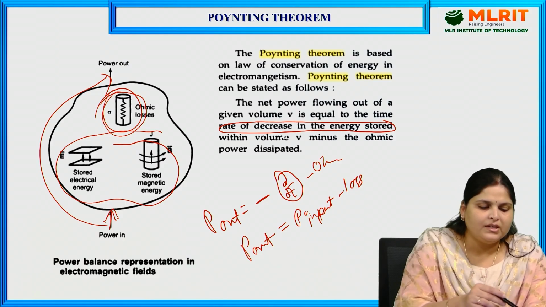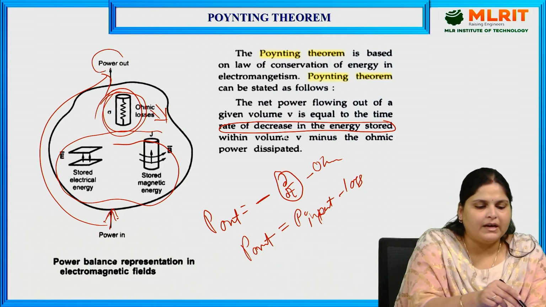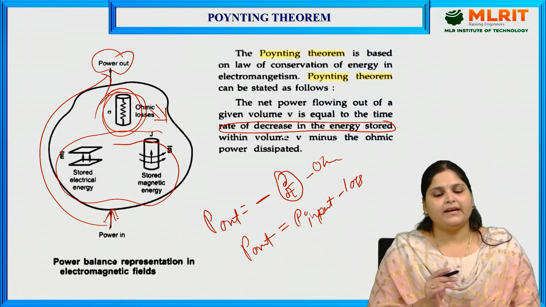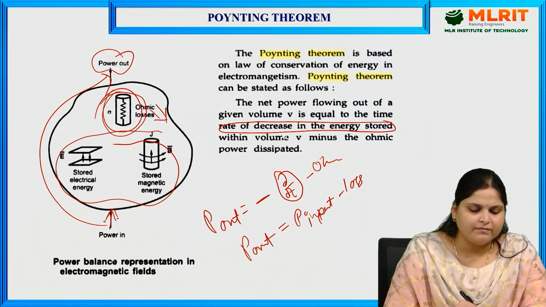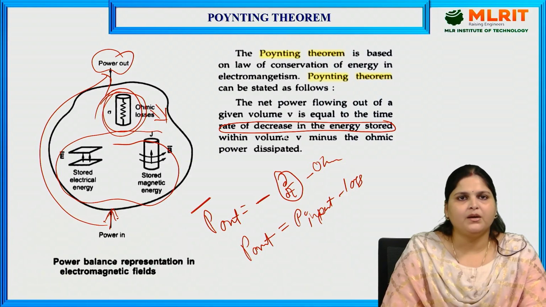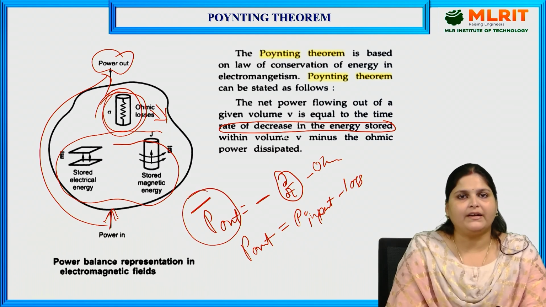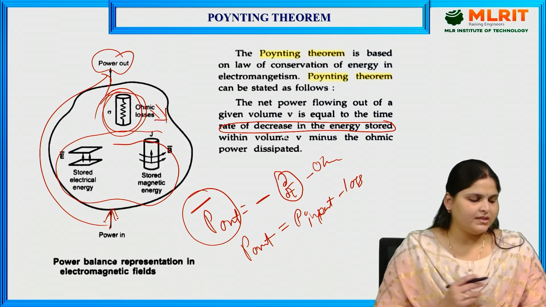So these losses will be deducted when we write the formula for output power. And as it is transmitted in a particular direction, we will write it as P bar, which is nothing but Poynting vector, right? So I'll repeat this statement again.